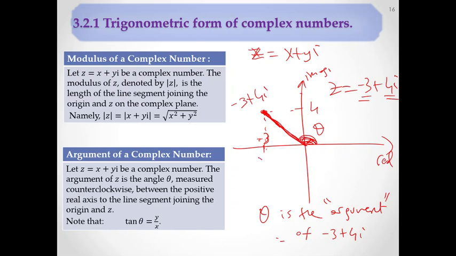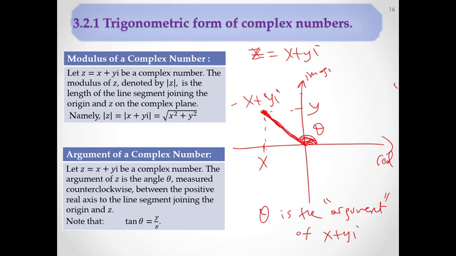So I will generalize it now in terms of x and y. It's almost the same thing: x plus yi. We say theta is the argument of x plus yi. In vectors it was the direction angle, but now it's the argument of a complex number.